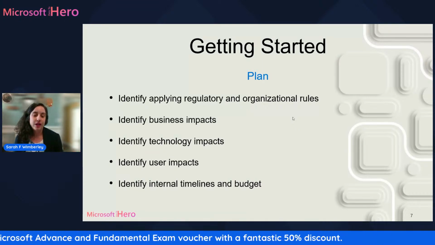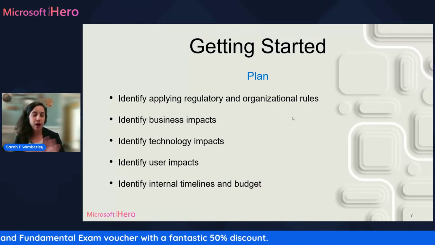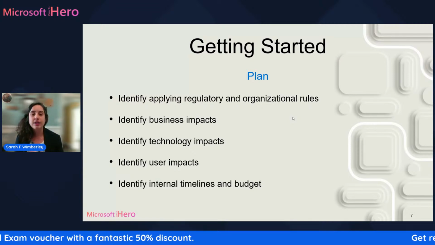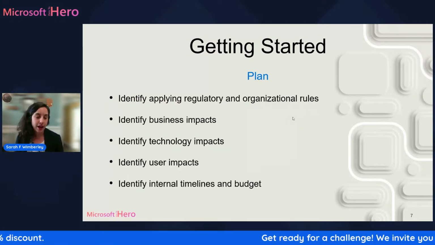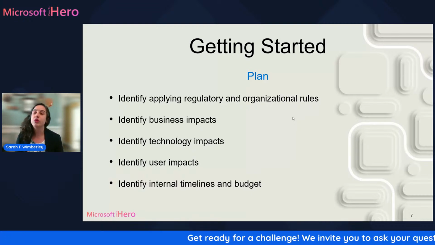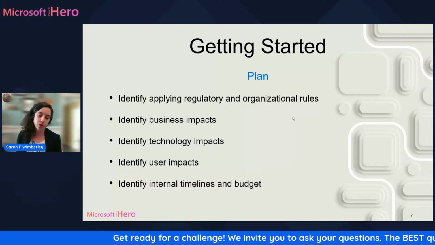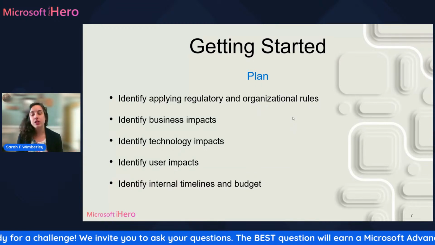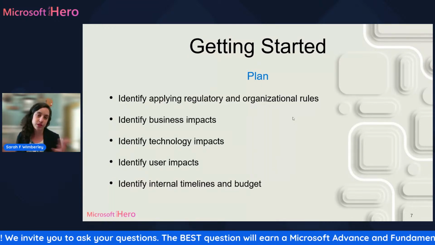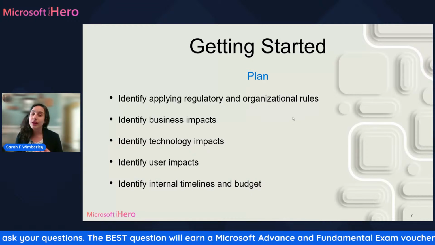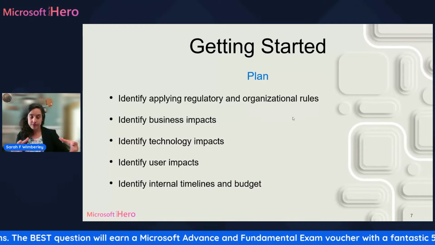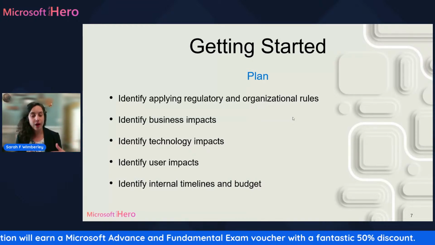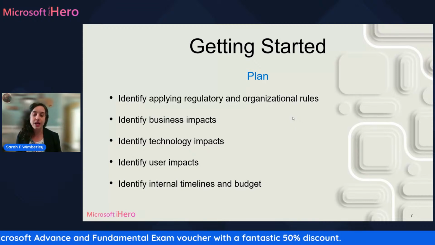In planning, wrapping your head around some high-level impacts and requirements, first we need to look at what are the rules that definitely do and might apply to you and your organization. This is going to be based on where your organization resides, in addition to where your customers or donors reside. You're going to take into account where you currently are and where your future growth and expansion might take you.